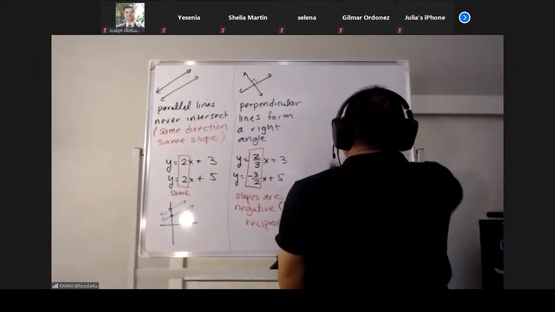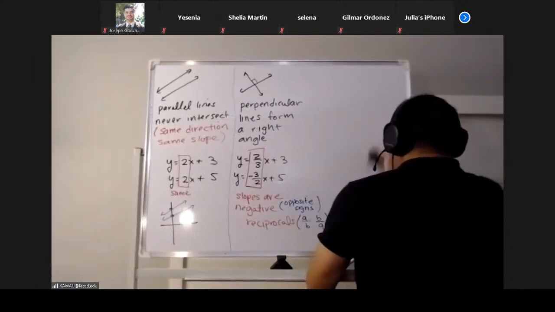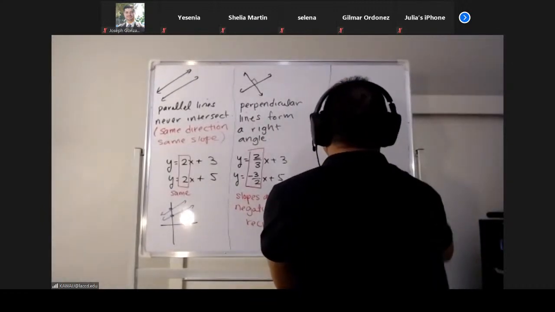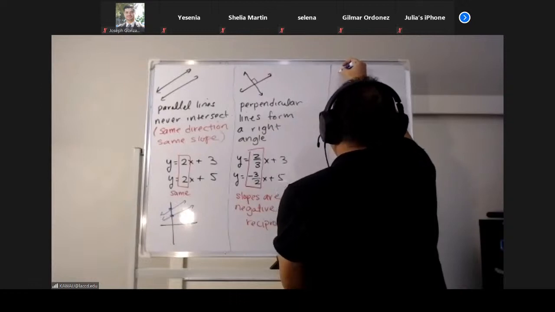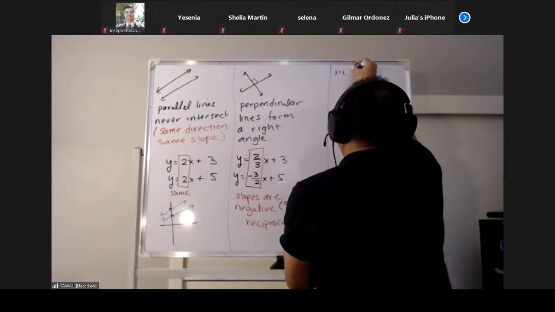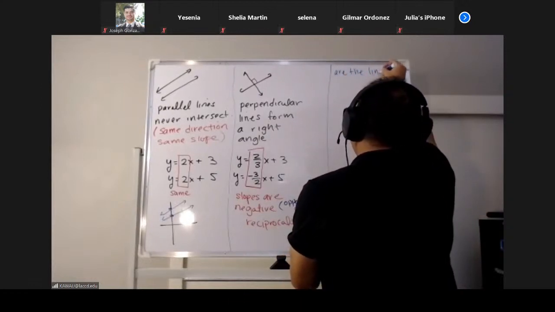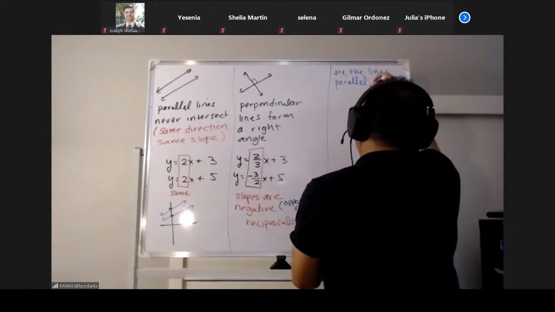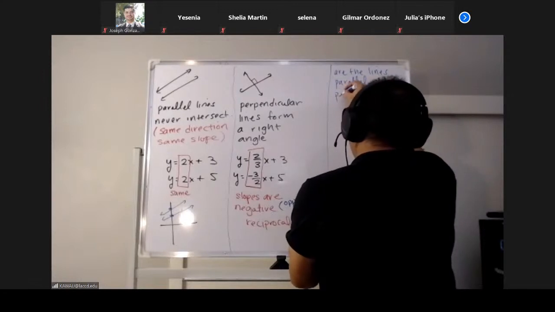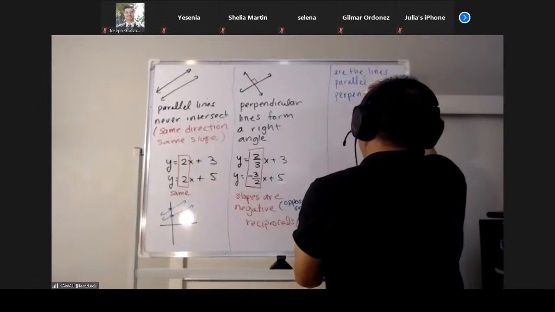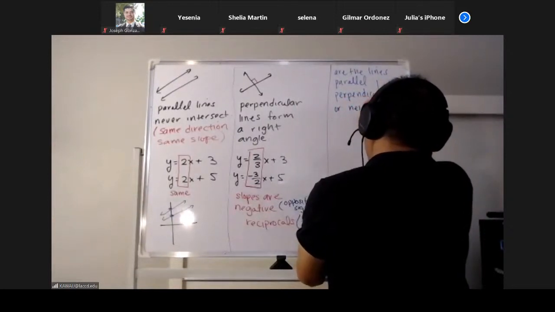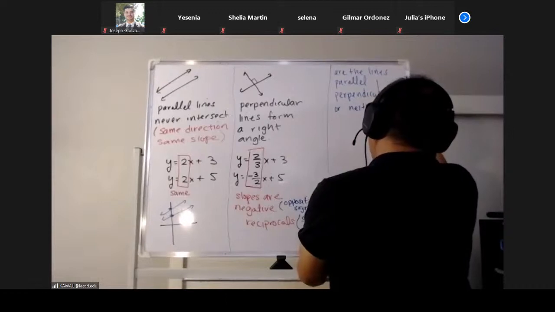Okay. So then the question will look like this. Are the lines parallel, perpendicular, or neither?